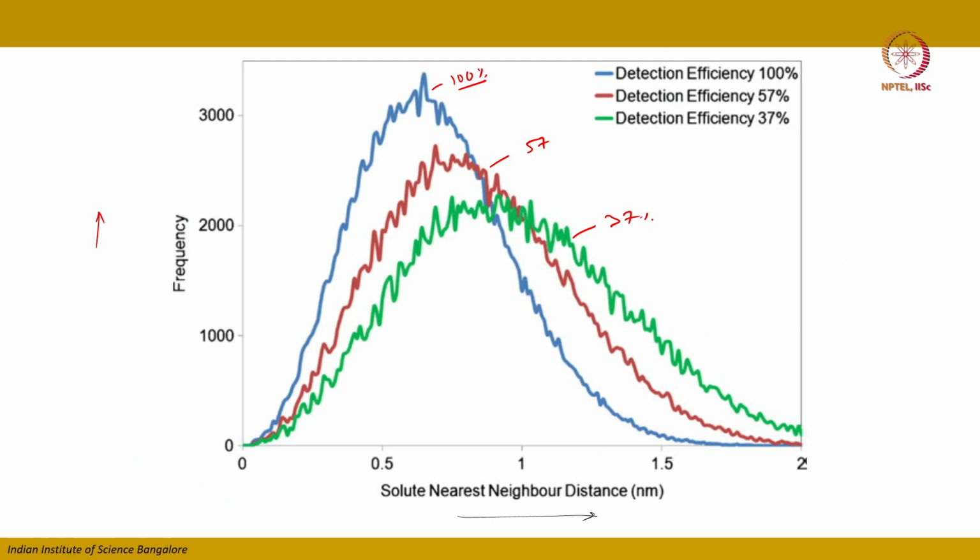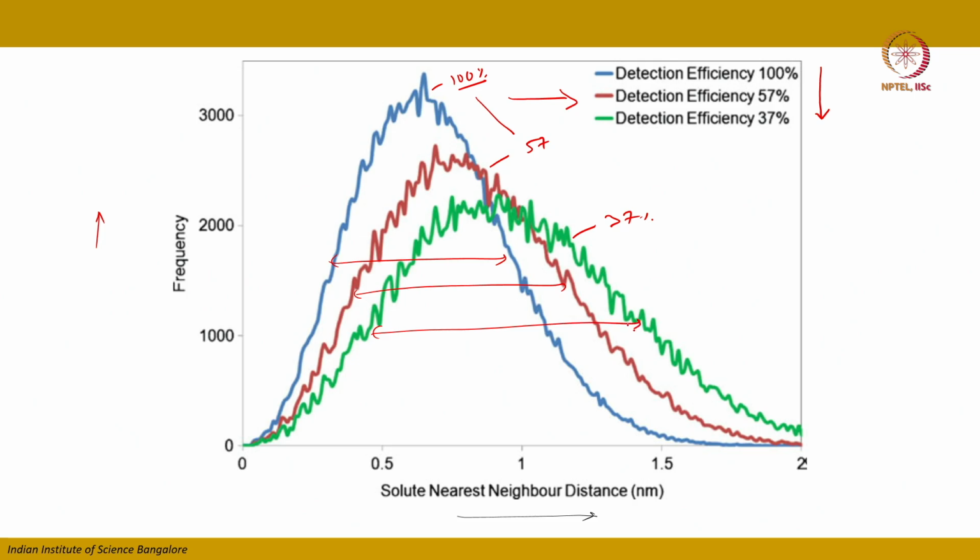As the detection efficiency reduces from 100 to 57 to 37%, meaning out of 100 ions only 37 ions are detected at the MCP plates, you can see a shift in the peak towards the right side, and the width of the peak also gets broadened.